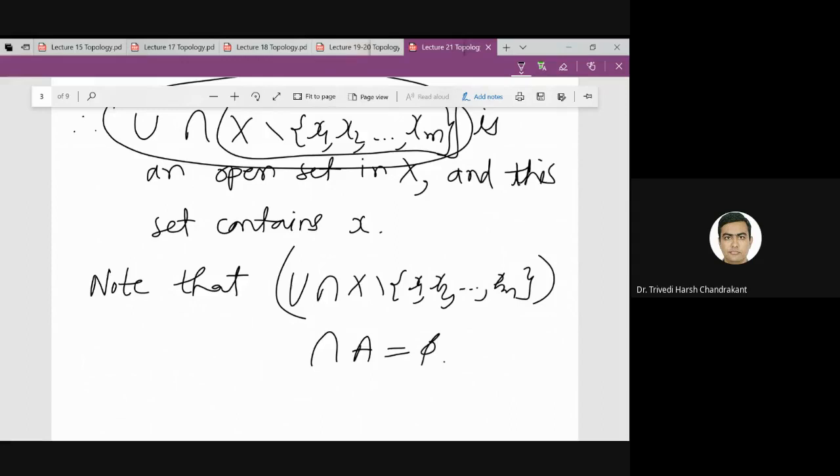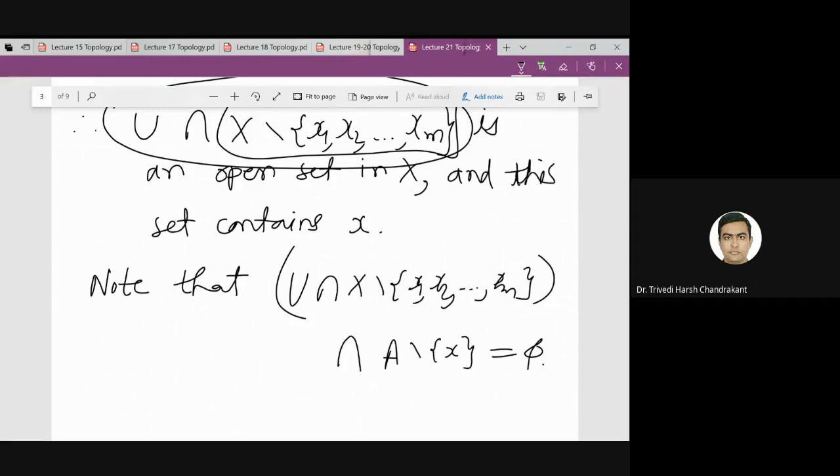So this set intersection A minus X is a null set. Why?